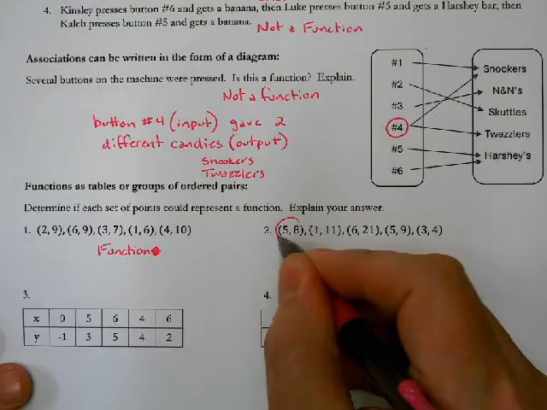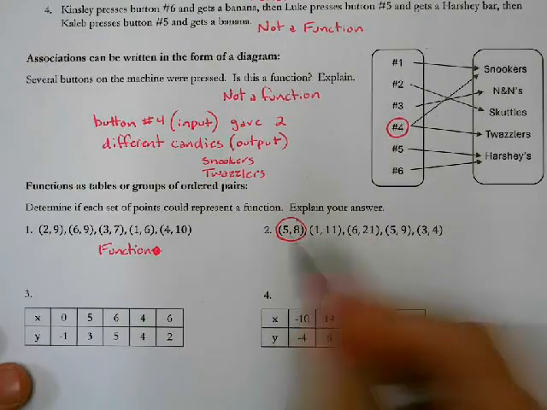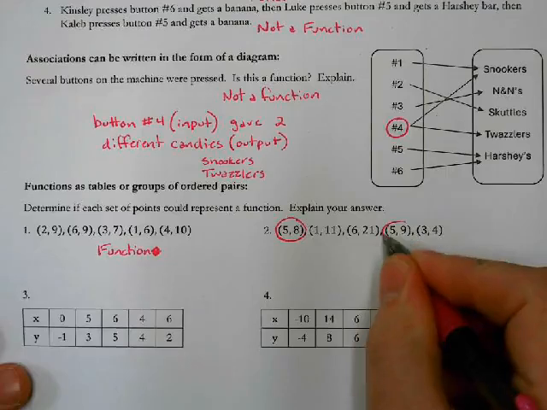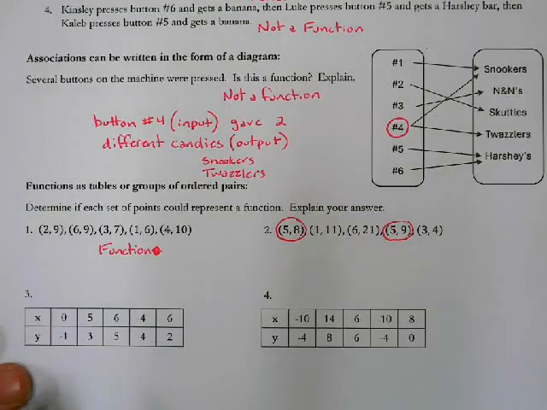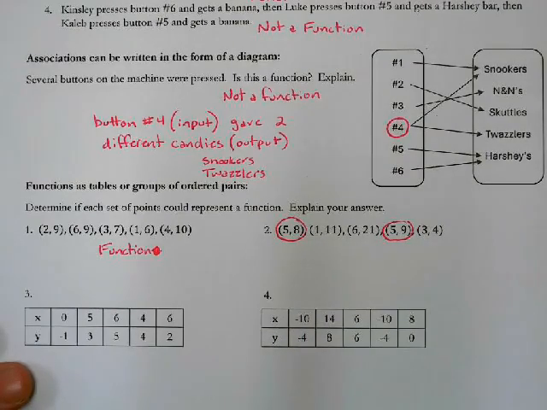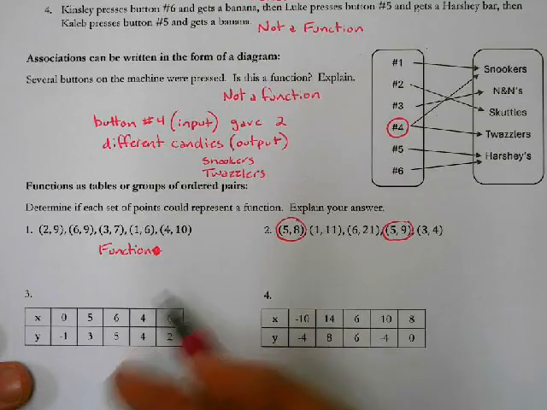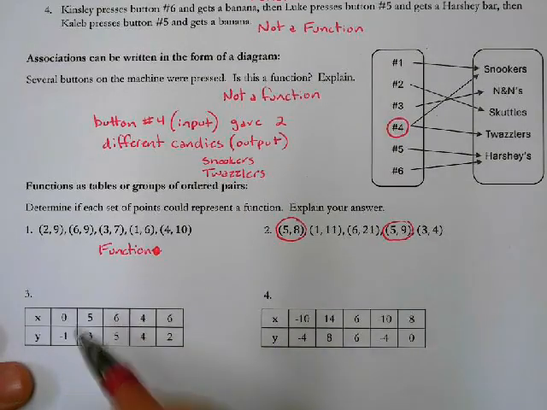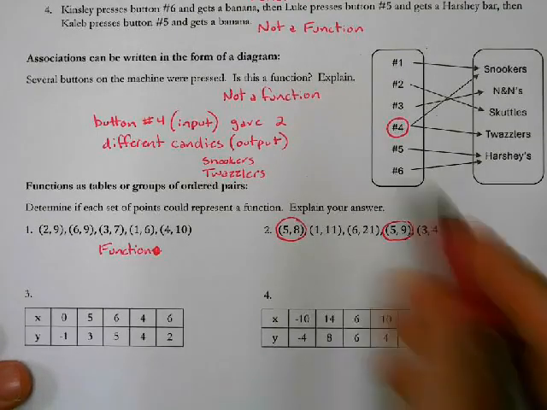This point here, 5, 8, and this point here, 5, 9. They have the same input of 5, but two separate outputs. So the next time I plug in 5, I don't know if I'm going to get 8. I don't know if I'm going to get 9. I might even get neither 8 nor 9, some other number. So this is not a function. It's not predictable.